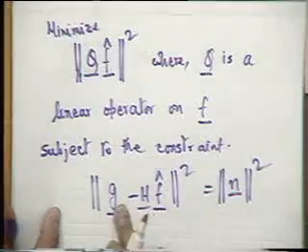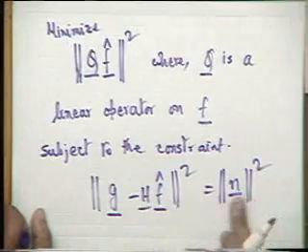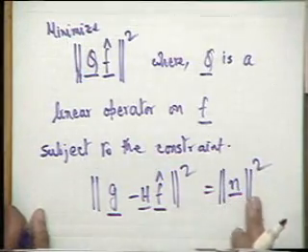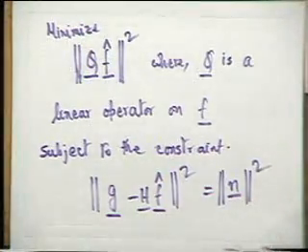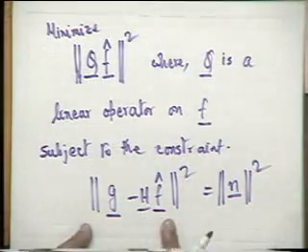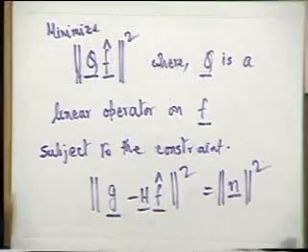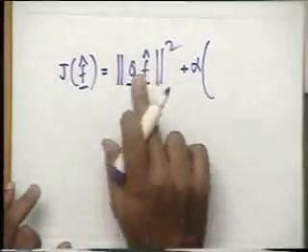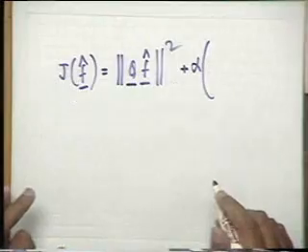Since our constraint is G minus H f hat squared equal to n squared, obviously we are going to consider the error norm G minus H f hat squared minus n squared as the error term, which we will multiply with alpha and add to the Q f hat squared, which we anyway have to minimize.